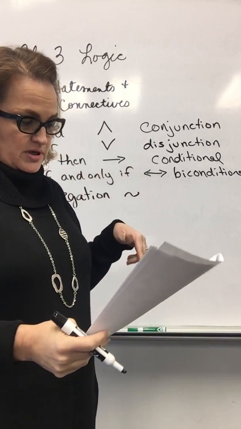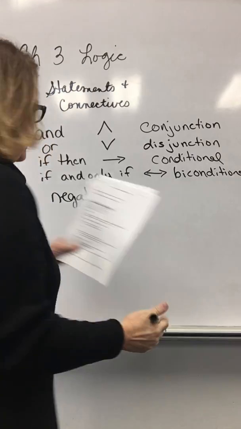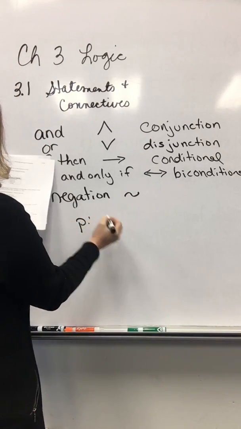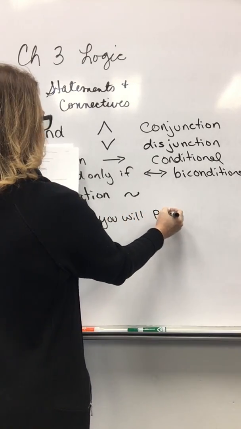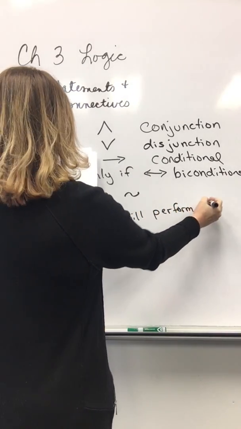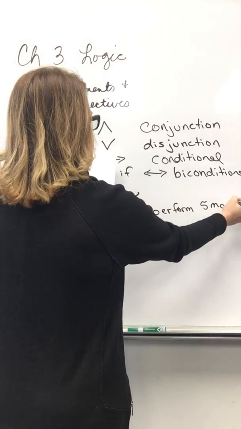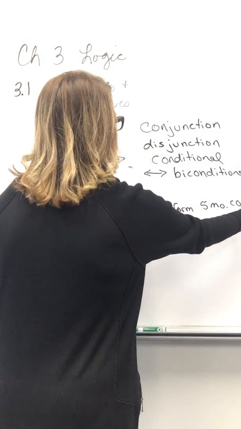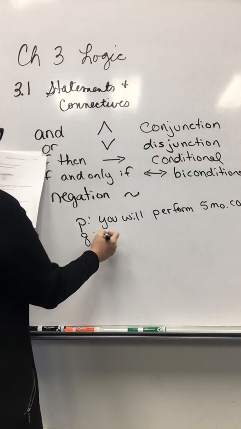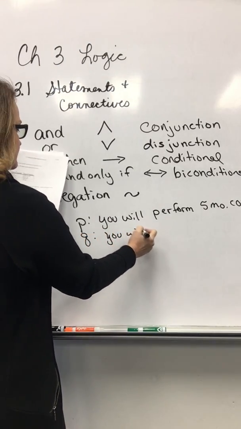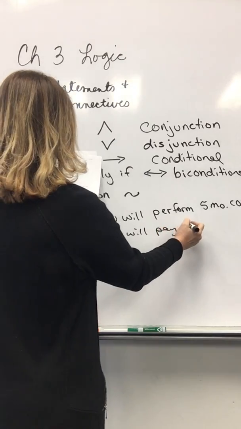All right, so here's a conjunction example. We have statement P, you will perform 5 months community service. That's statement P. Statement Q, you will pay a $100 fine.